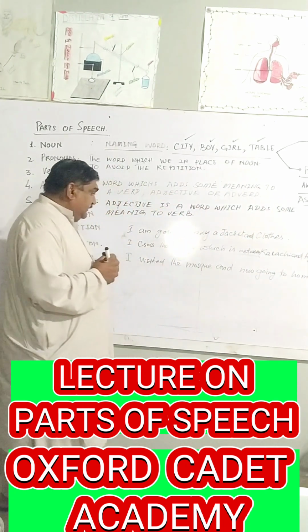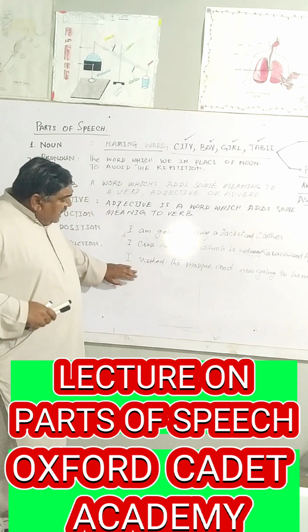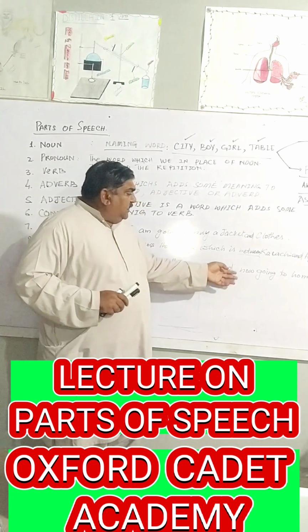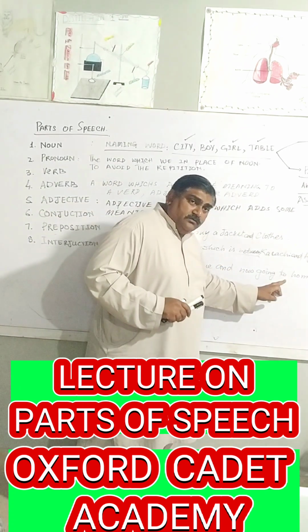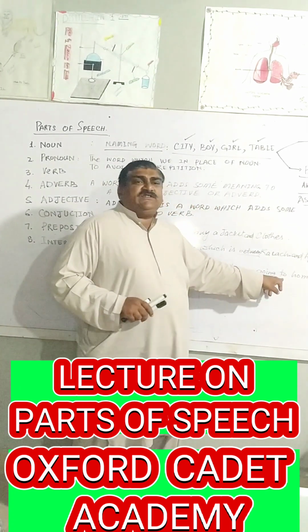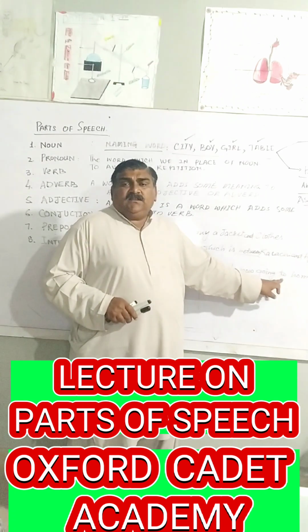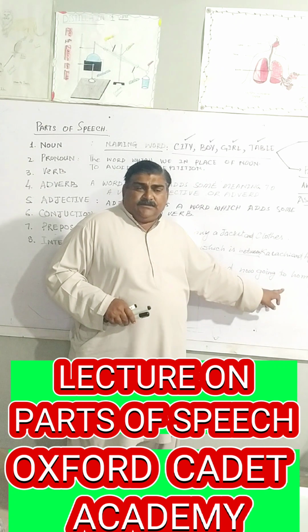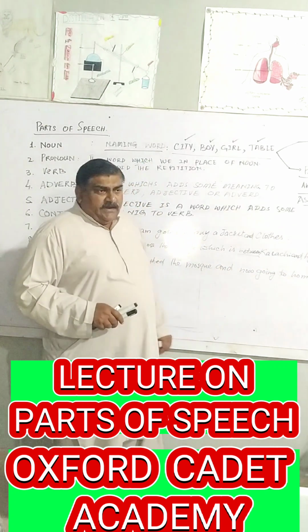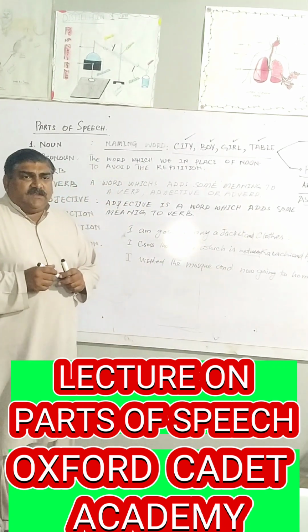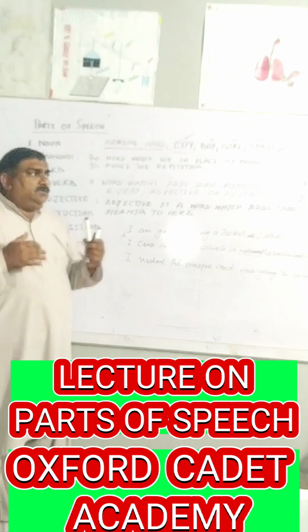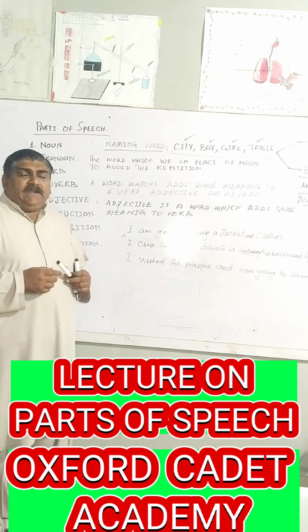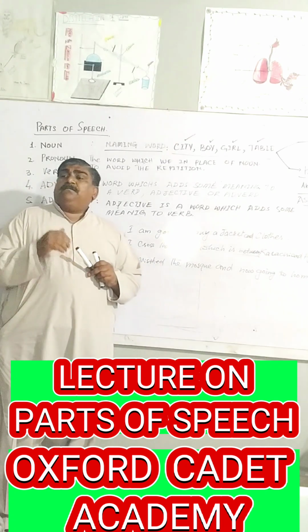Now you can see that I visited the mosque and now going to home. It means the direction is there. For the direction I use the preposition "to". Right? Yes, sir. So the preposition is also used to show the direction, the time, and the place.